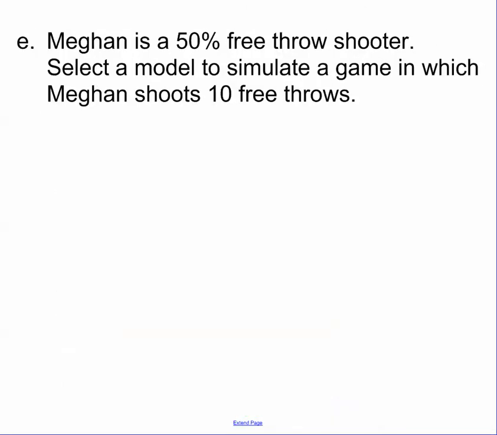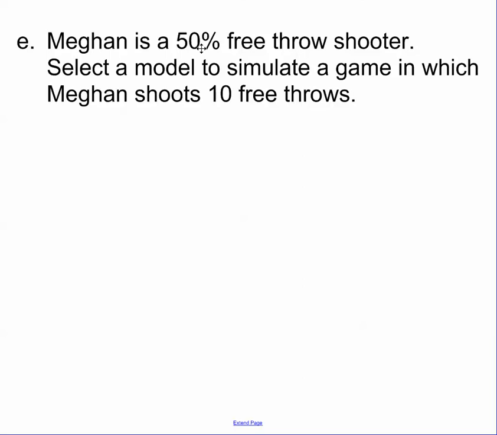Megan is a 50% free throw shooter. Select a model to simulate a game in which Megan shoots 10 free throws. Well, there's lots of different models we could choose here. But if she's a 50% free throw shooter, that means for every one that she makes, she also misses one.